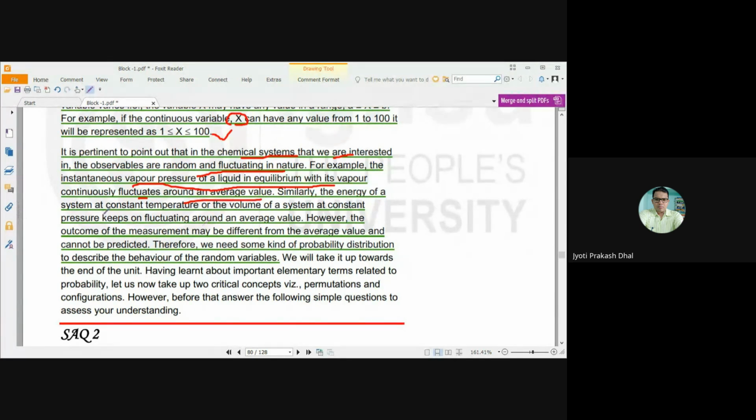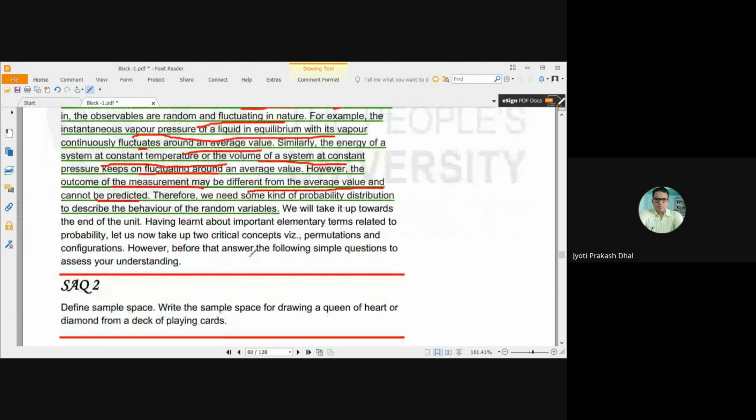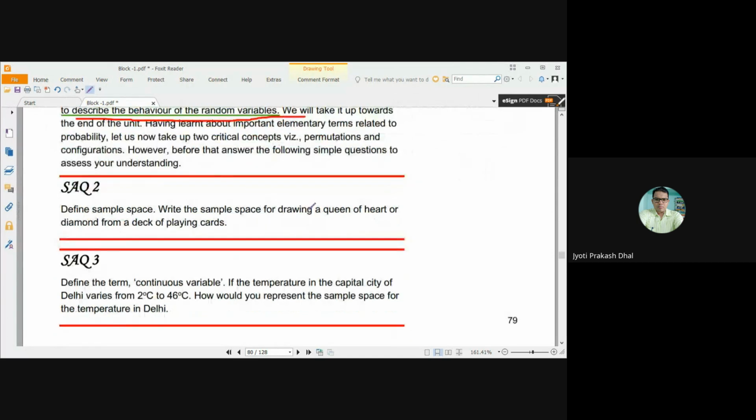Similarly, the energy of the system at constant temperature or the volume of the system at constant pressure keeps on fluctuating around an average value. However, the outcome of the measurement may differ from the average value and cannot be predicted. Therefore, we need some kind of probability distribution to describe the behavior of the random variables.